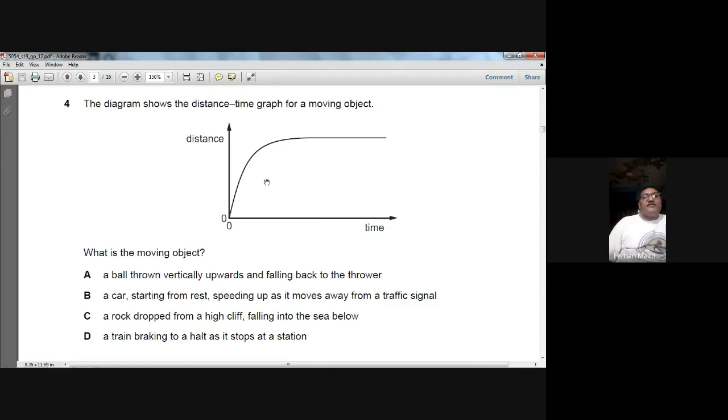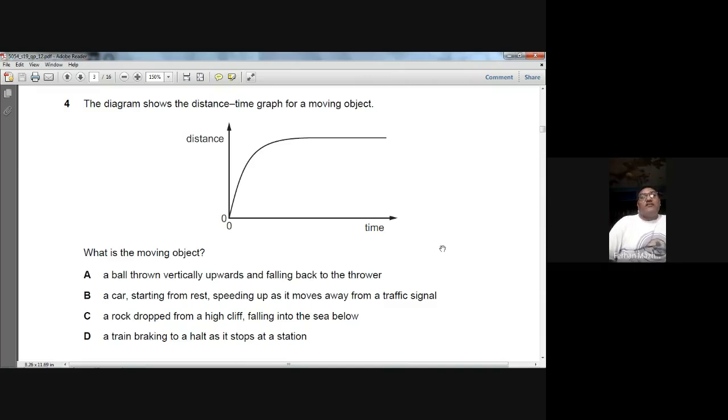So here we have an object which was moving with constant speed, then the speed started decreasing, and then the speed becomes 0. So we have to decide what that moving object is. Option A is a ball thrown vertically upwards and falling back to the thrower.